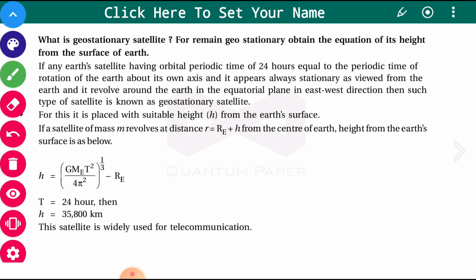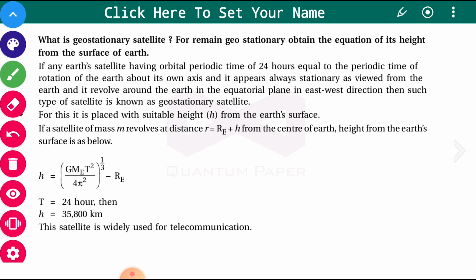Then this type of satellite is a geostationary satellite. Whenever you view this satellite from the Earth's surface, it appears to be stationary.